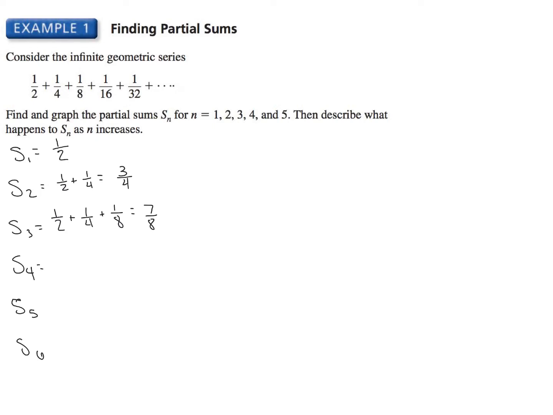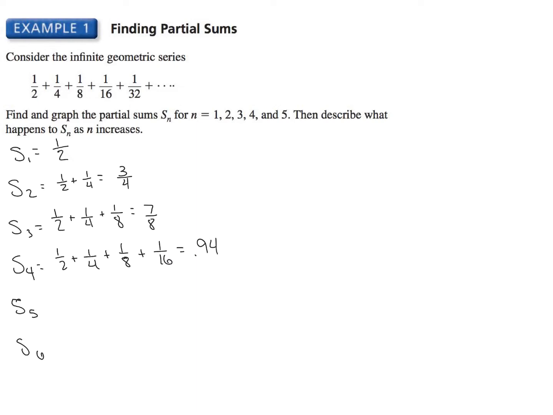And then you can start getting into decimals. It's going to be easier. Sorry, S of 4 is 1/2 plus 1/4 plus 1/8 plus 1/16, which is equivalent to around 0.94 rounded.